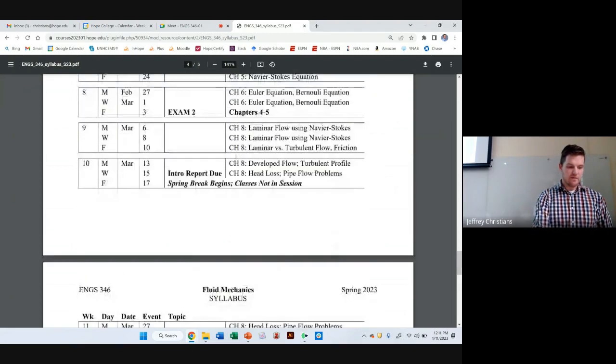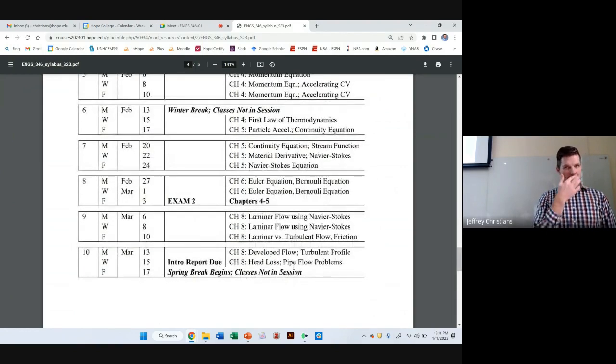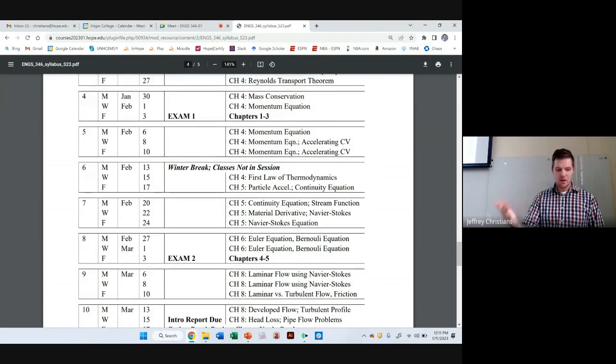The sections, the topics on the right that we're going to cover, I probably will get a little bit off track and not cover exactly on the dates that I said. Exam 2 is going to be on chapters 4 and 5, but maybe only part of 5 because we didn't cover as much of it as I wanted.